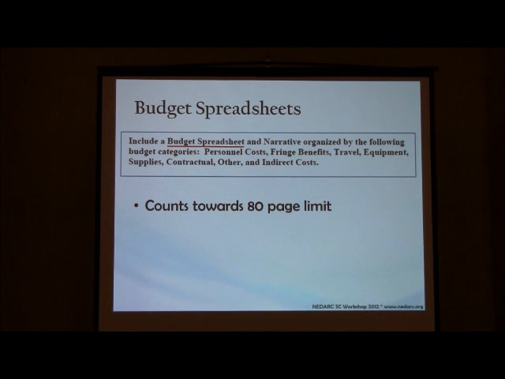So you will obviously at a minimum need a spreadsheet to derive your budget numbers. But the FOA is actually saying to include that in with your budget narrative. Now there's a couple of different ways you can do that, but this is again part of the 80-page limit.